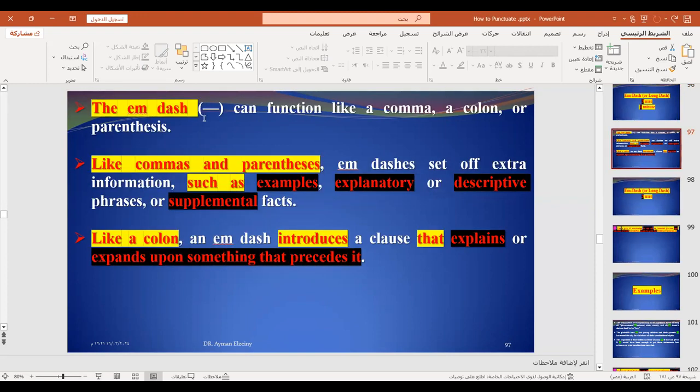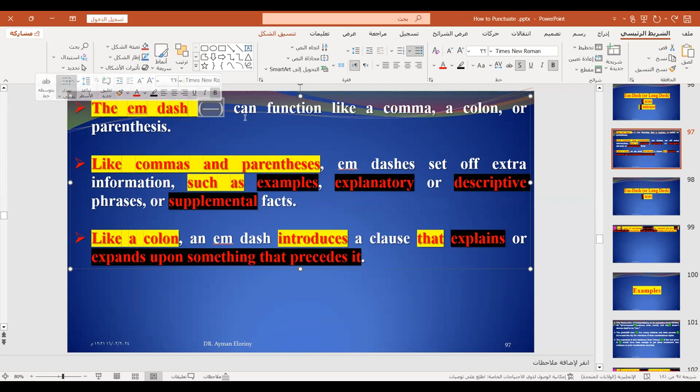The EM dash, which is the long dash, can function like a comma or a colon or parentheses. Like a comma or parentheses, EM dash sets off extra information such as examples, explanatory, descriptive phrase, or supplemental text.